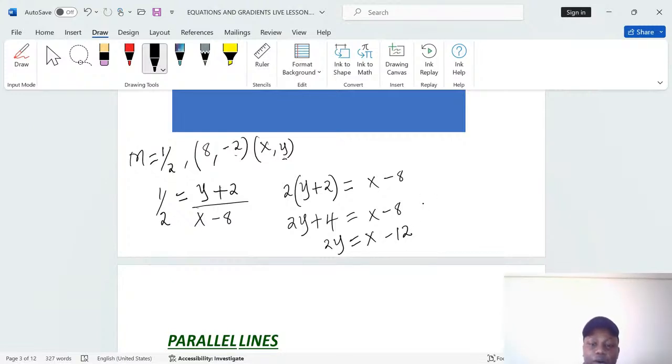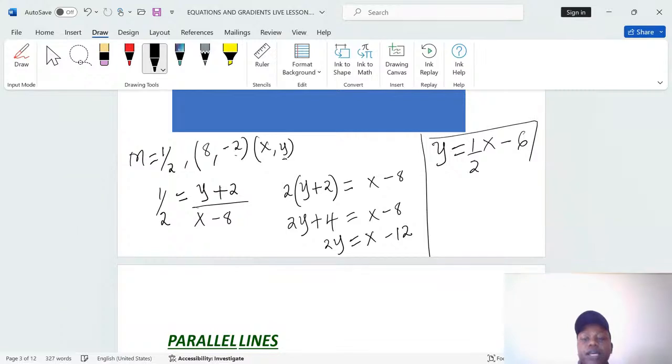And this means the equation will be given by, when we divide through by 2, y equals half x minus 6. So this is the equation in the standard format, which we call y equals mx plus c.